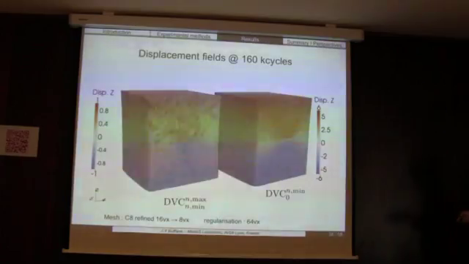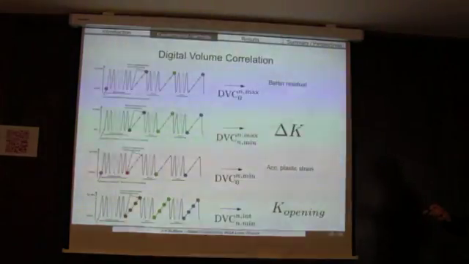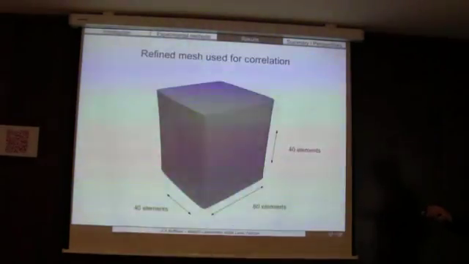So the correlation we get between the minimum load and the maximum load for the 160,000 cycles is here. You can see that it's still a bit noisy. If you do it between your initial scan at the very beginning of the experiment and the minimum load at 160,000, that's to say between this point and this point here, you get a much nicer signal.